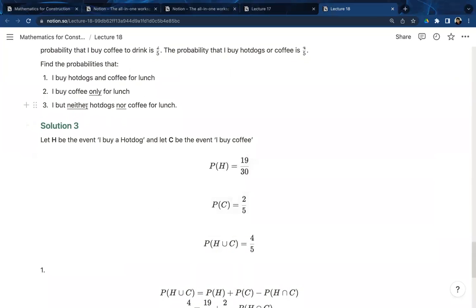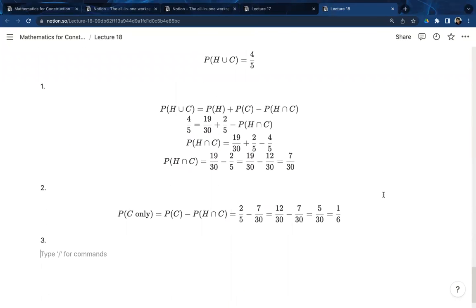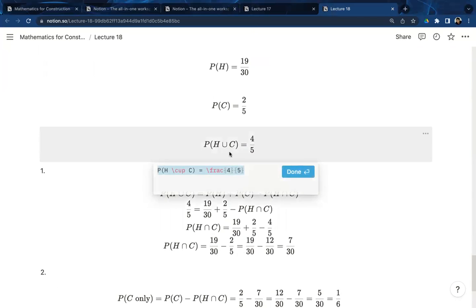And neither hot dogs nor coffee is the outside. So that's just 1 minus the union, which is this.